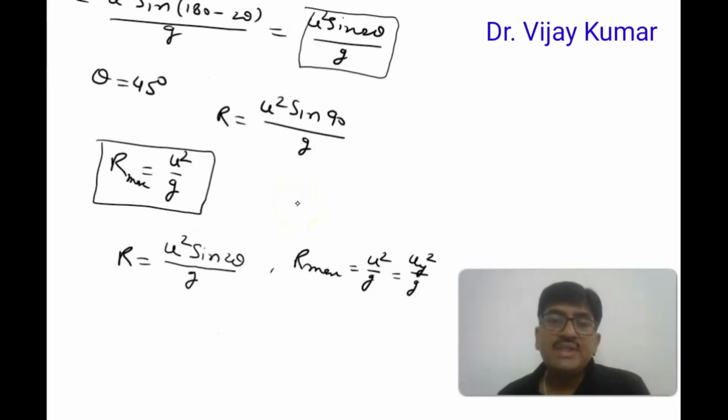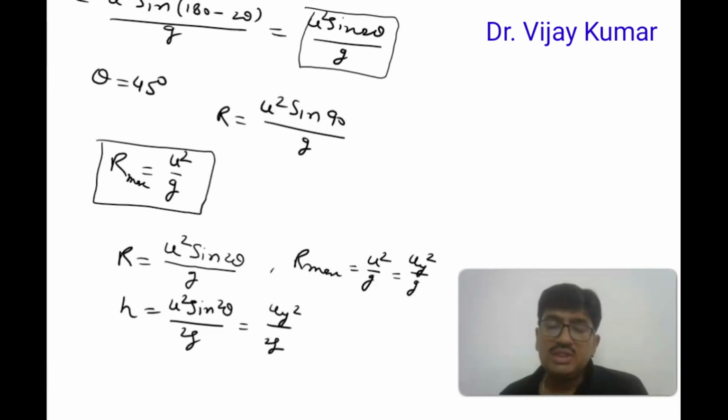And for the maximum height, we know that it is u square sine square theta upon 2g, or we can write uy square upon 2g. So we can say that H maximum, the maximum height, is R maximum, the maximum range, upon 2.